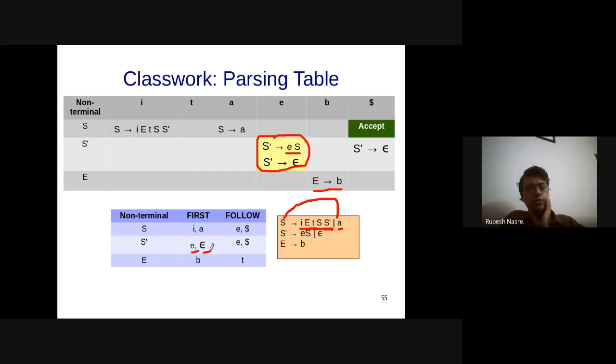But S prime is also nullable, and therefore we have to look at the follow set of S prime, which is E and dollar, and therefore we add S prime deriving epsilon in the E and dollar entries of S prime, and therefore it appears here as well as here. Right? And as soon as it appears here, there are two productions. Therefore, it is not clear whether you should apply one production or the other whenever you are recursively descending into capital S prime and you are seeing E on the input. Right? Any questions on this one?